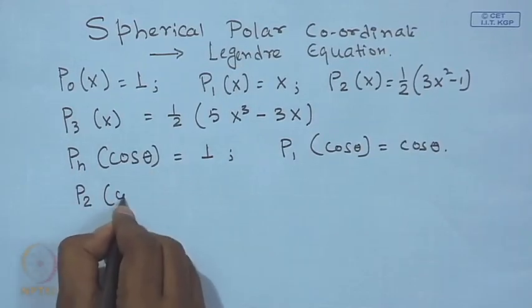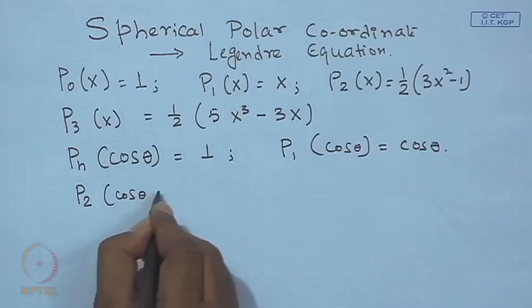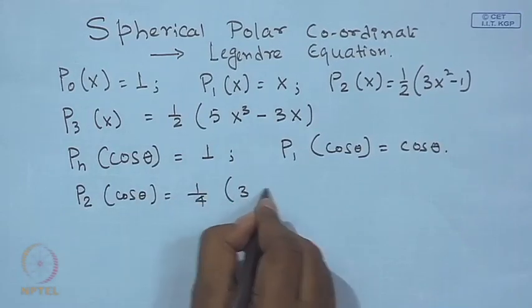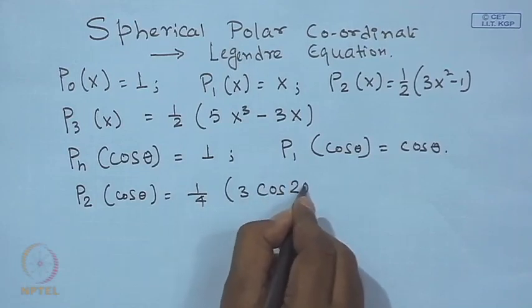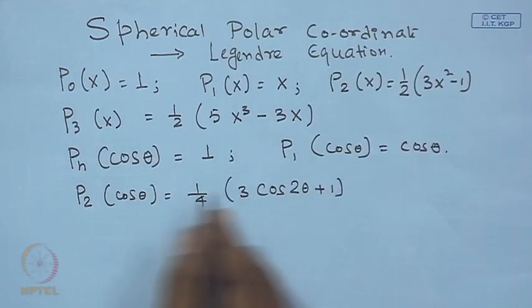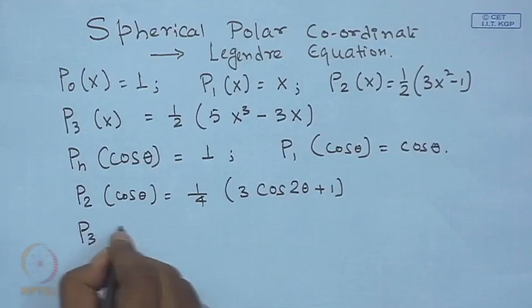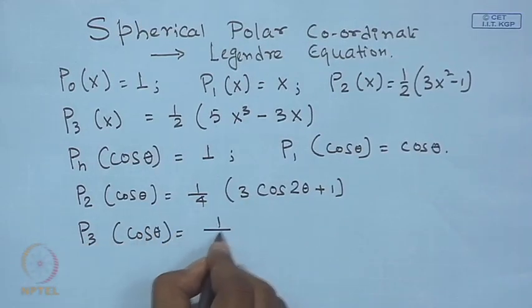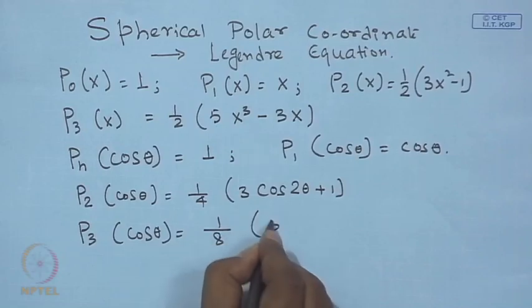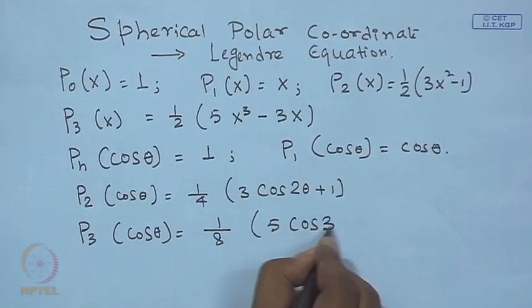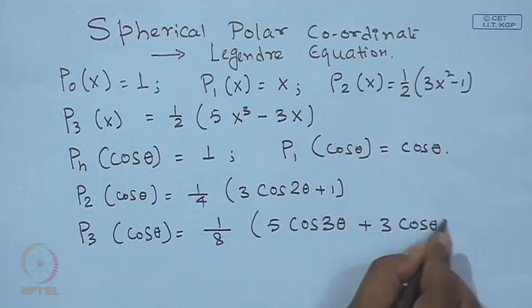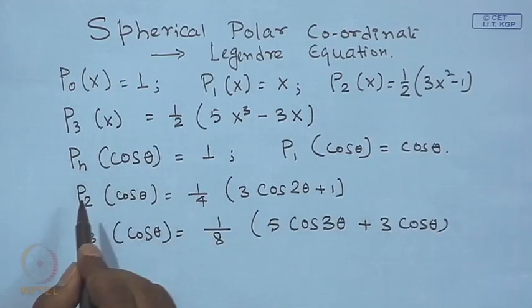P 2 cosine theta is 1 by 4 of 3 cos 2 theta plus 1, P 3 cos theta is 1 over 8 of 5 cos 3 theta plus 3 cos theta.